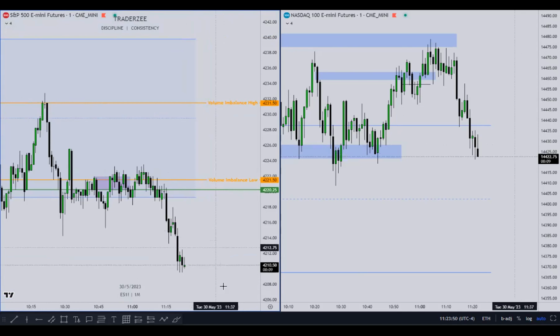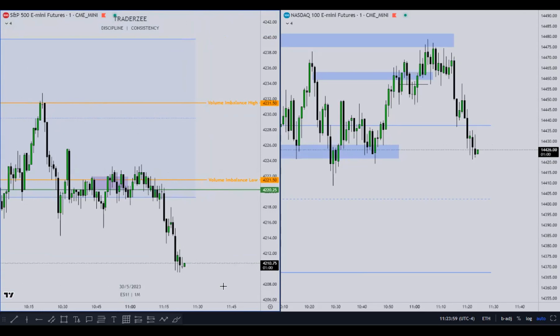And this is how you should be when reading price, not jumping. When price does what we are anticipating it to do, it feels nice. I'll be honest, it feels good to me.